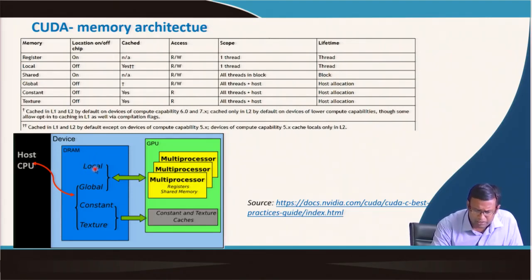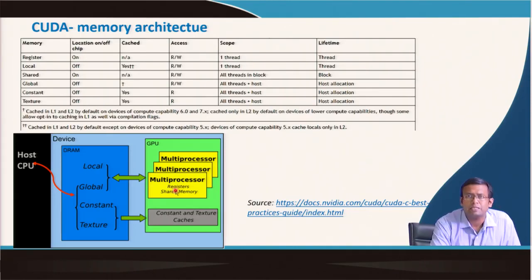Now we will see where these memories exist. The device RAM is connected to the main GPU part, the TPCs and multiprocessors, through an interconnect, and inside each multiprocessor there are registers and shared memory. Inside the multiprocessor we have the computing cores, which access registers and shared memories.